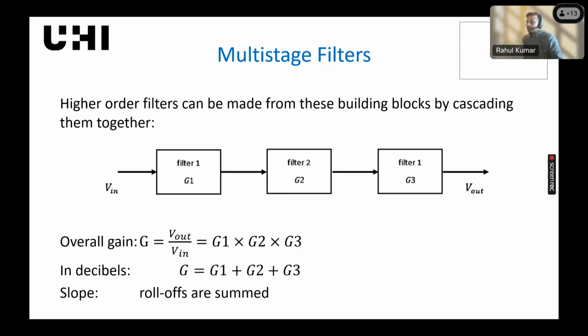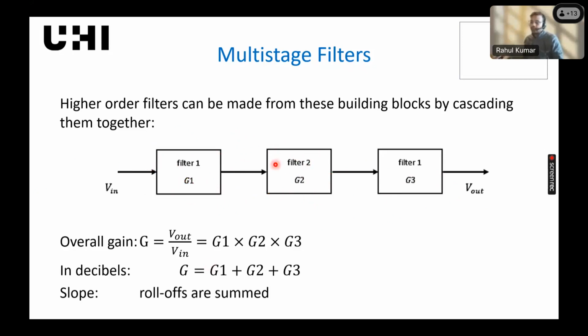But we can also do that by cascading or connecting single pole filters. We can connect in series maybe 3 filters to get a third order filter or a slope of -60 dB. Or we can connect 2 single pole or first order filters together and get a slope of -40 dB.